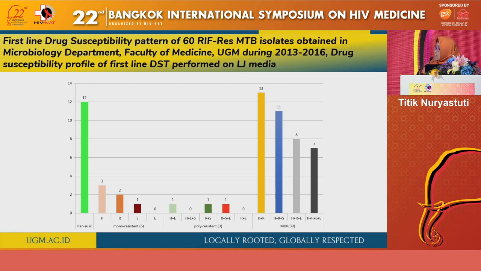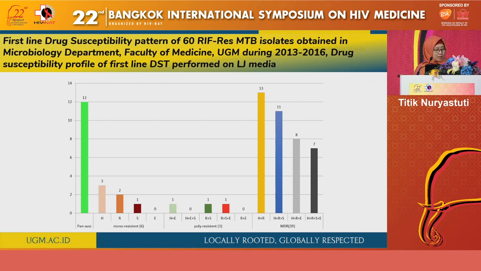As you can see here, among 93 specimens showing rifampicin resistant cases, we continued to culturing, and unfortunately only 60 specimens showed growth on Lowenstein-Jensen media.